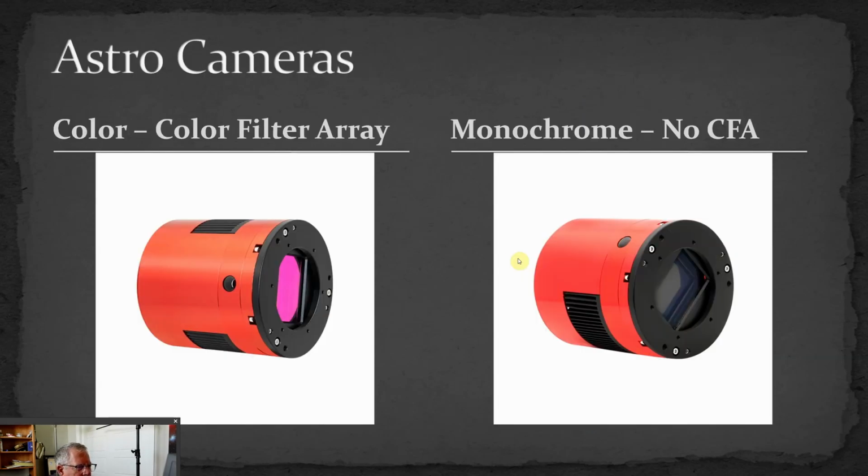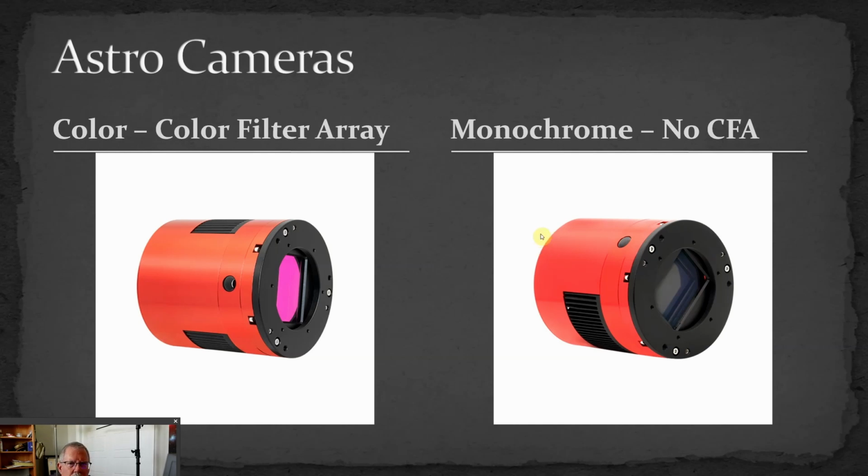Now, the way a color camera works, it has a color filter array in front of the sensor. Astronomy cameras come in both color versions and monochrome versions, and externally you wouldn't really see a difference.